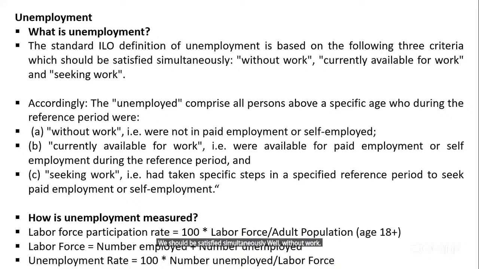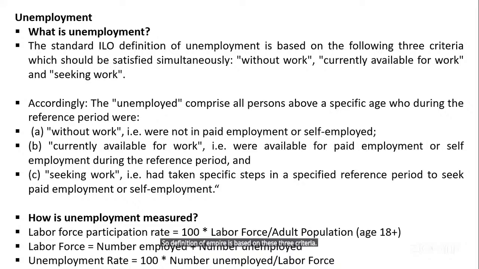When somebody is without work, it's an unemployed person. Two, currently available for work. Unlike our youth corps, they are currently available for work, so they are grouped under unemployed persons. Three, seeking work. Somebody who is seeking work is called an unemployed person. So the definition of unemployed is based on these three criteria.